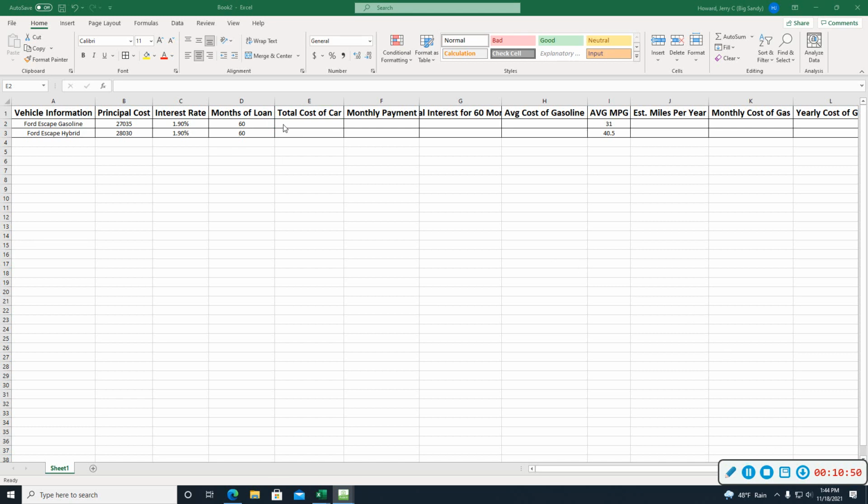Alright, what I want to do, instead of doing the total cost of the car, let's go to monthly payment. And there's a little trick you can do on this one. If you type in equal, and that always starts out your calculations, equal, then hit PMT, which calculates payments for a loan. And there's all kinds of things that you guys can research to make these formulas up, but you do PMT and constant interest rate, which is what we want.